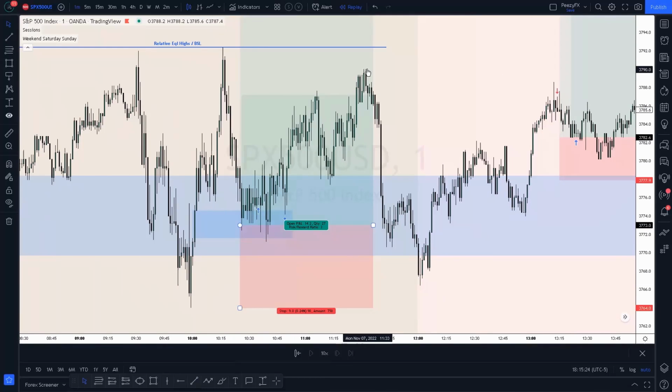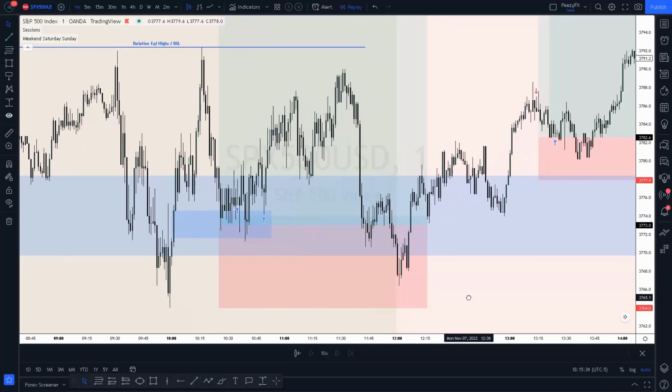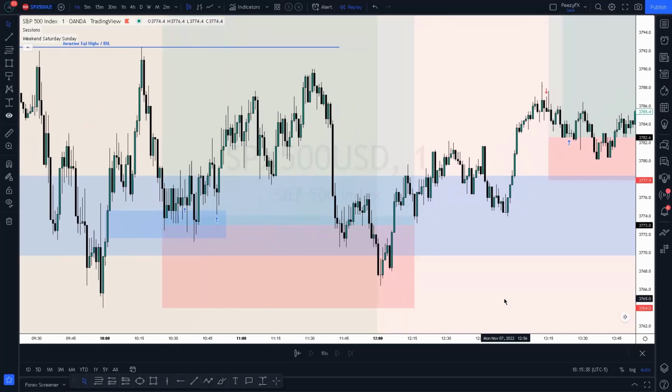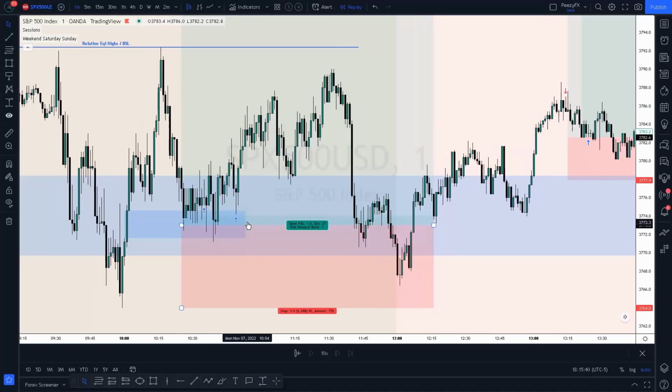Price traded up higher and then displaced to the downside. Now, typically when a normal trader sees that, it's going to scare them and they will probably close the trade. But I had faith in this setup.